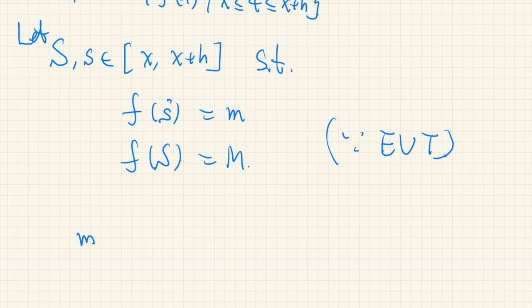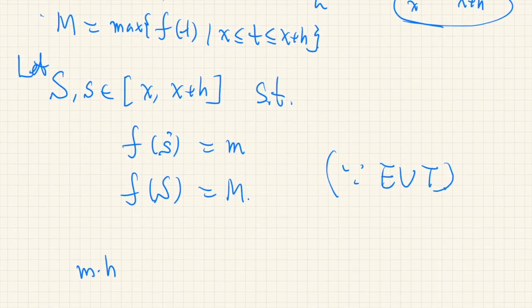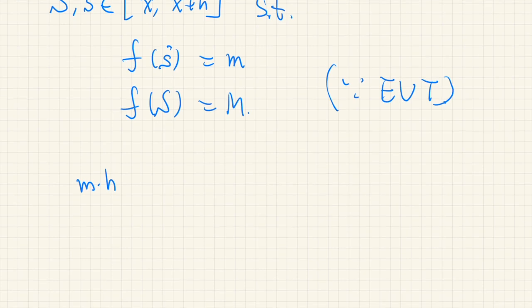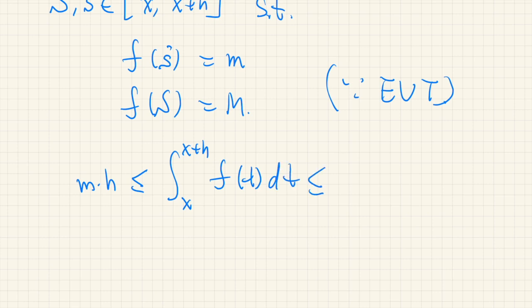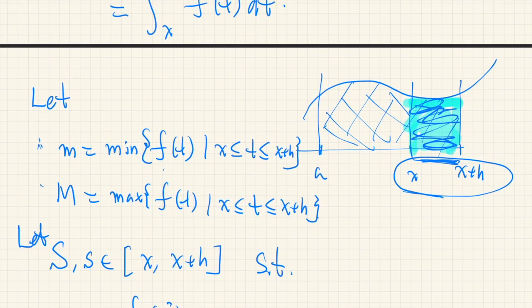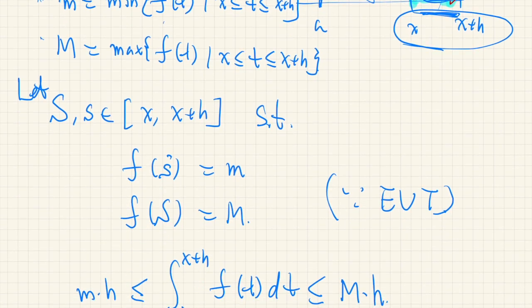So m times h, where h is the width of this interval, is less than or equal to the integral of the function between x and x plus h. And by a similar argument, this integral is less than capital M times h, because capital M means the maximum of the function value in this interval. So that corresponds to this bigger rectangle that covers the entire area under the curve.